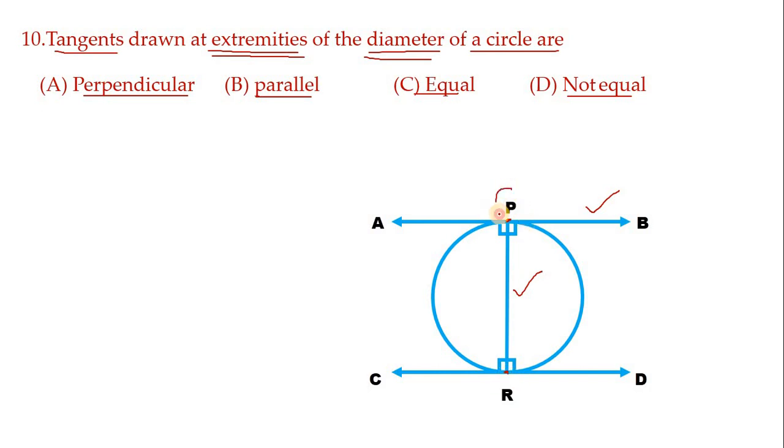Now through P we have drawn a tangent and through R we have also drawn a tangent. Now these two tangents to this diameter, how will they be?